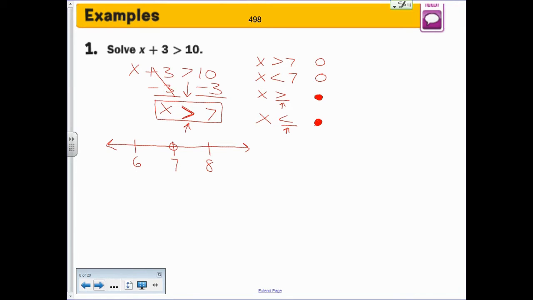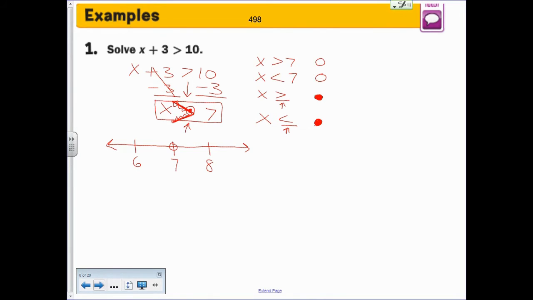Now, the next thing we need to determine is which direction to draw our arrow. Here it says that x is big. I know that x is big because the mouth of my symbol, and I'm going to draw it bigger, is trying to eat the variable. If this were a crocodile or alligator, he would want to be eating the letter.